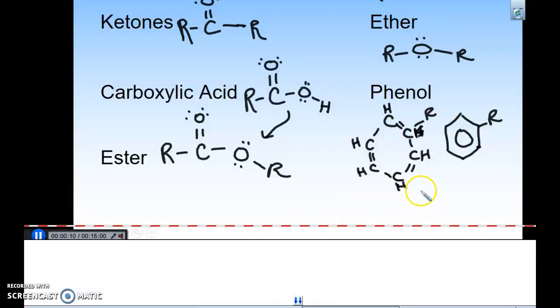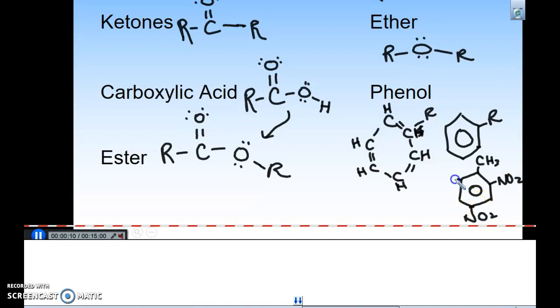Interestingly, there's something called picric acid, which has been somewhat of a problem in laboratories because it is very similar to TNT. TNT, the explosive, has a CH3 on top, and what it has at every corner here is an NO2.